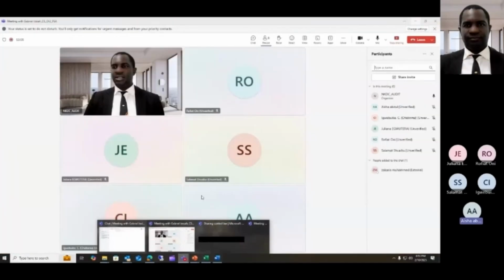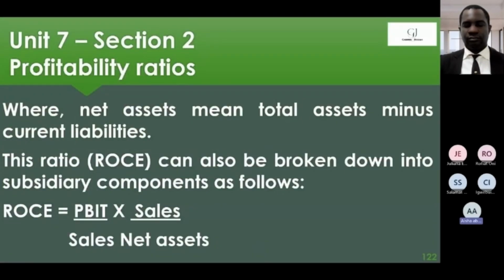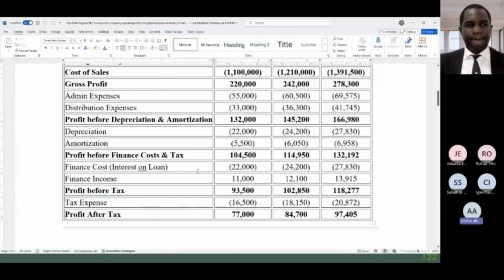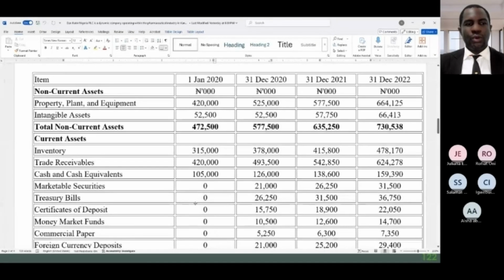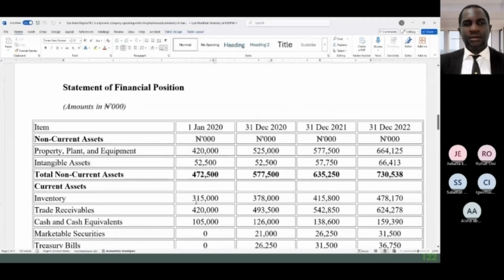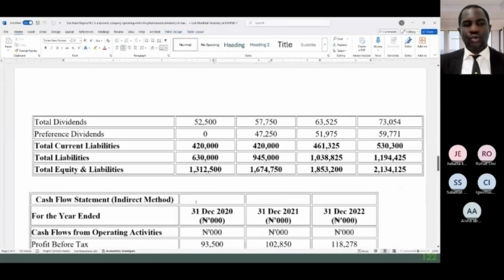Sir, I came in when you were explaining why preference share is exempted. Can you please repeat that? Okay, fantastic. So preference share is a special covenant or special debt owed.